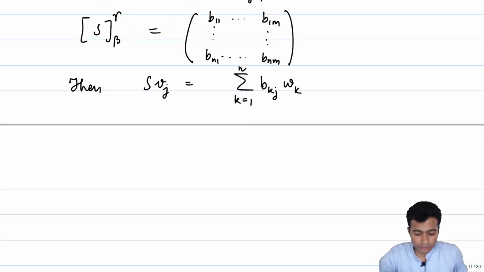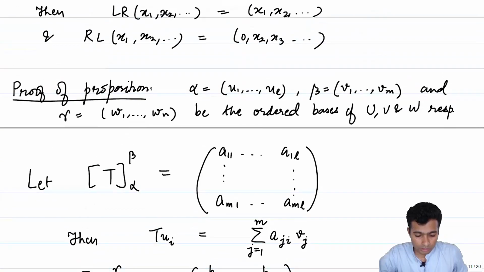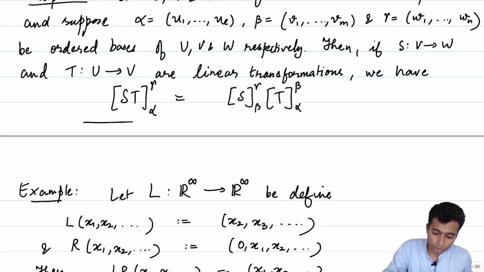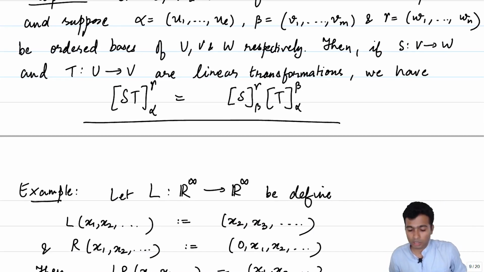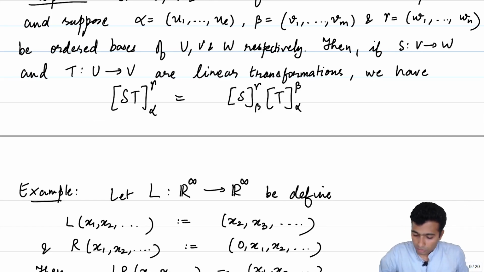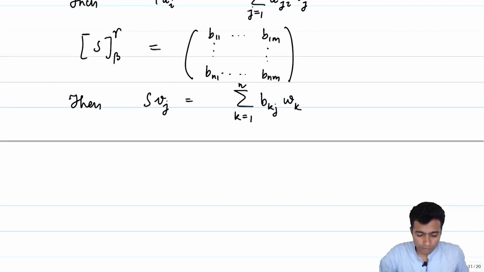Alright, so now what are we trying to do? We are trying to show that the matrix of ST with respect to alpha gamma is equal to the matrix of S with respect to beta gamma times the matrix of T with respect to alpha beta. So let us look at what is ST of u_j.